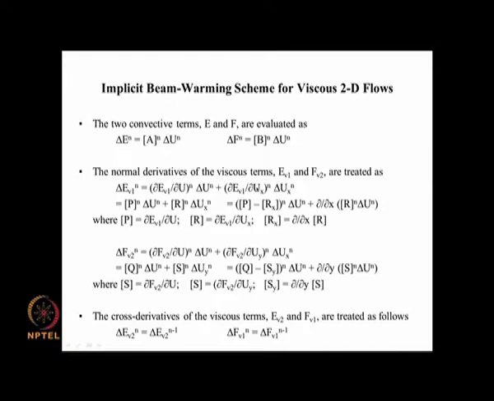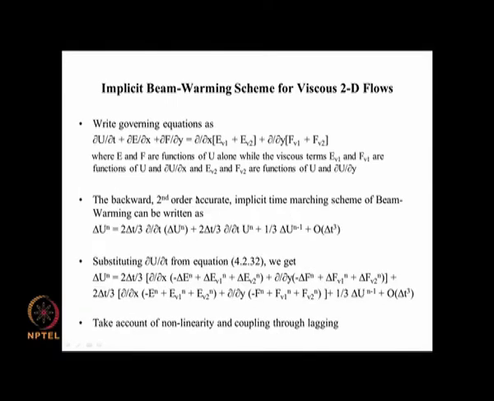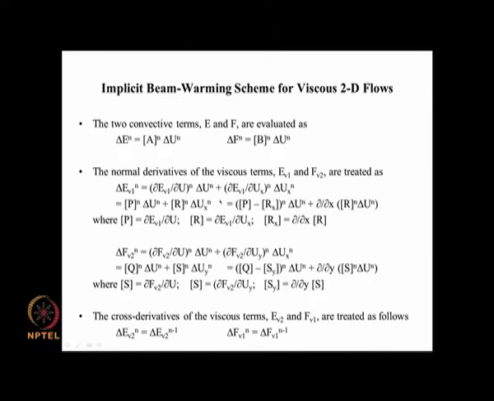So we are taking care of the fact that EV1 is a function of u and dou u by dou x. Those two things come in here, and these are further written as Pn delta un and Rn delta ux, and we can do further manipulations to get to this particular form.